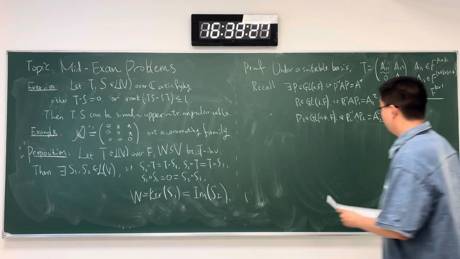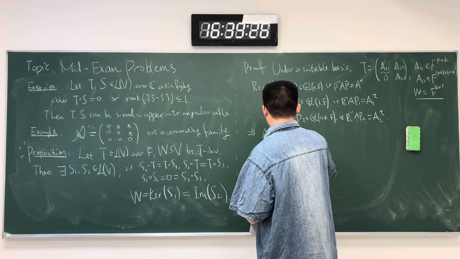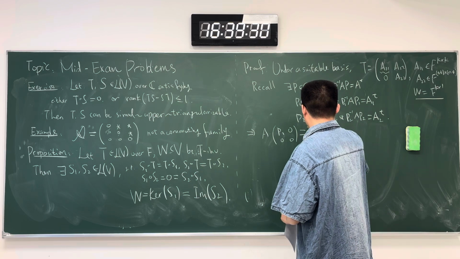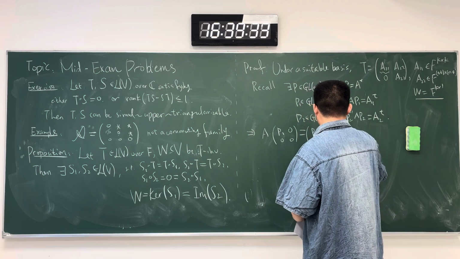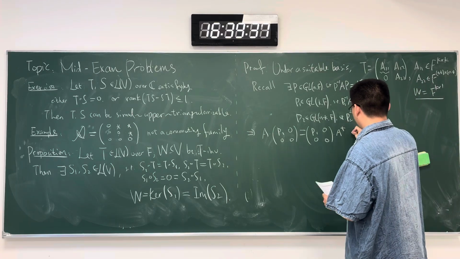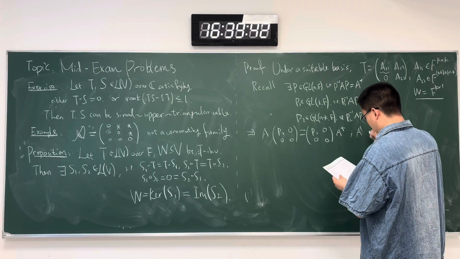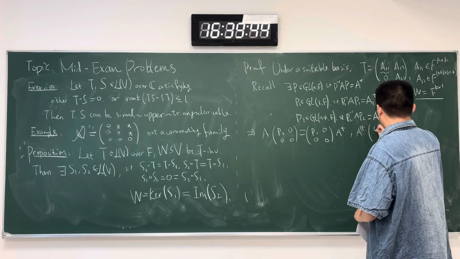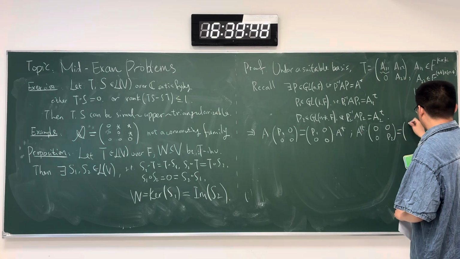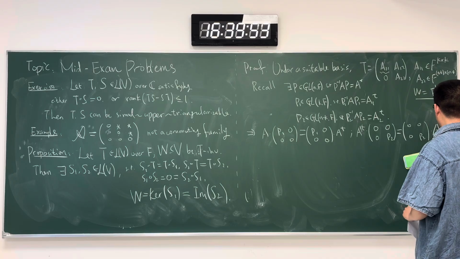Then we simply notice that A11 times this matrix equals this matrix times its transpose. And the same applies to P2. Say A22 transpose times this matrix by P2 equals this matrix times A22.